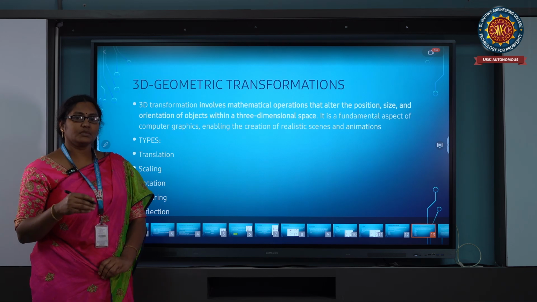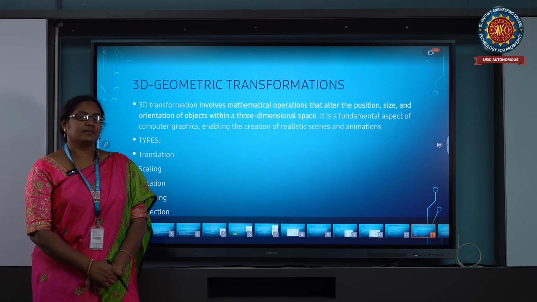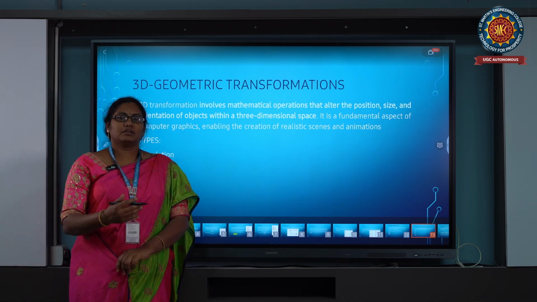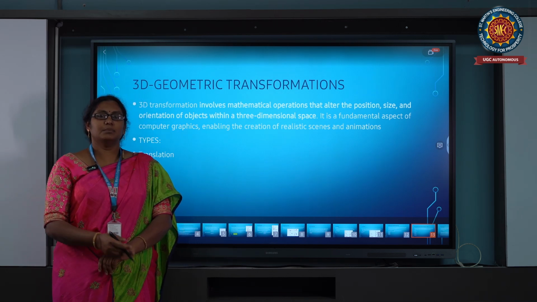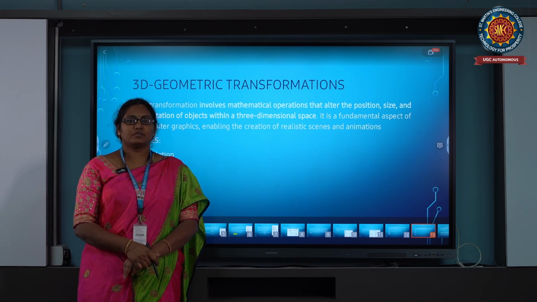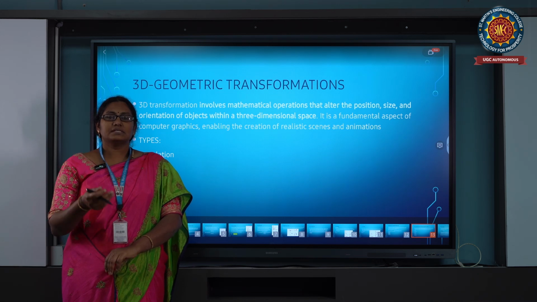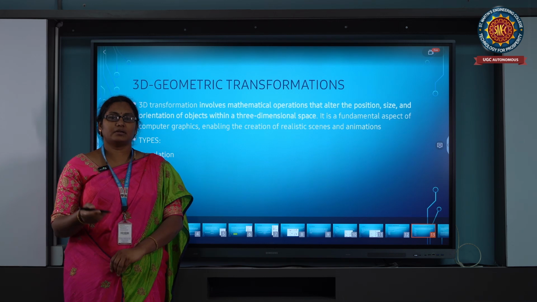So the basic transformations we saw are translation, rotation and reflection. Reflection produces the mirror image of the object. And finally, the shearing transformation. These transformations are of two types: geometric transformations and coordinate transformations.